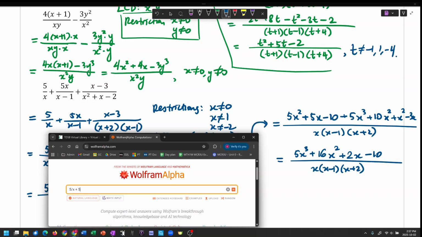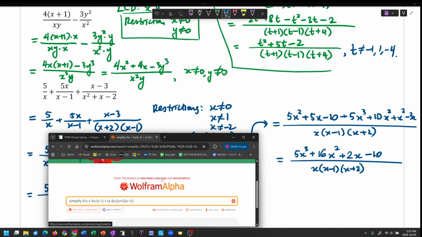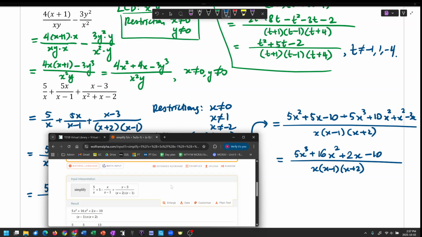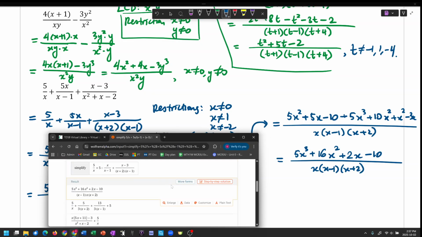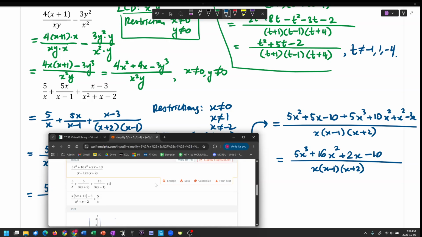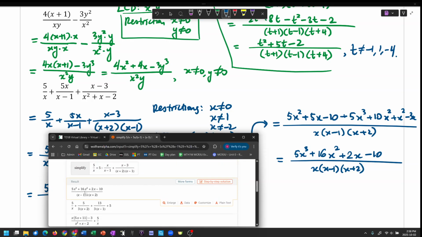If you use something like ChatGPT that's not actually built for math, it will make tons of silly mistakes, especially with the algebra, so you won't actually get something helpful. Okay, so if we ask it to simplify this, you can see that we're correct. Right, that's what comes up.